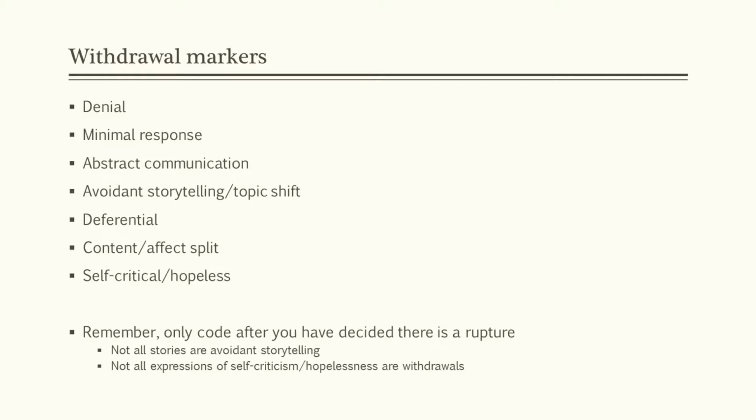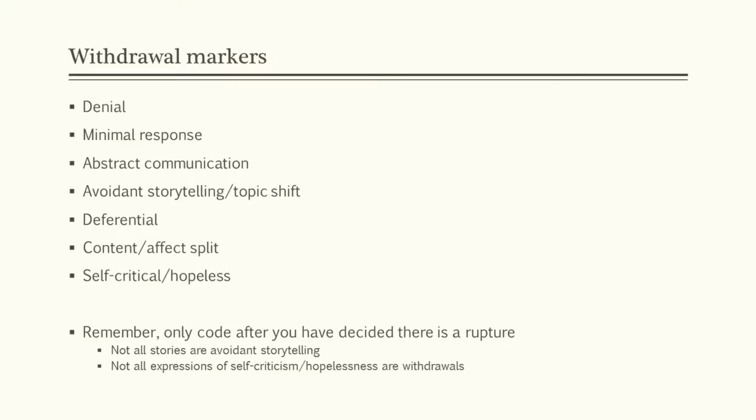Or the function of the story is that it leads to avoidance of what the patient and therapist were working on. This category also includes topic shift, when the patient changes the topic in order to avoid something. We used to have these as separate codes, but we made them one code because we found that often patients would shift the topic by telling a story. It would sort of be one maneuver, so we put them together.